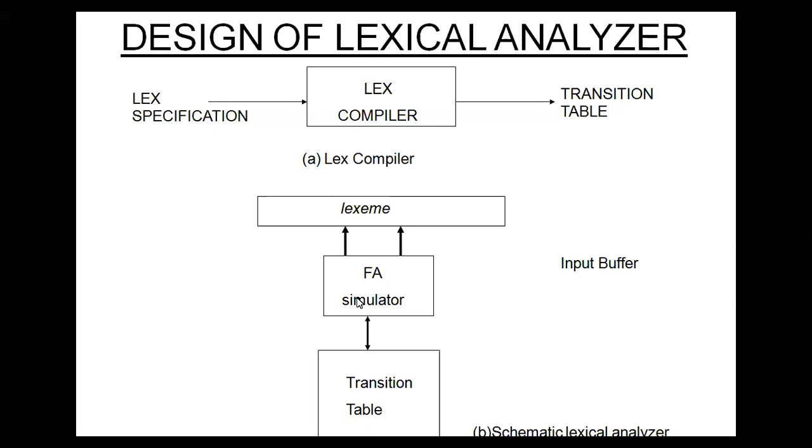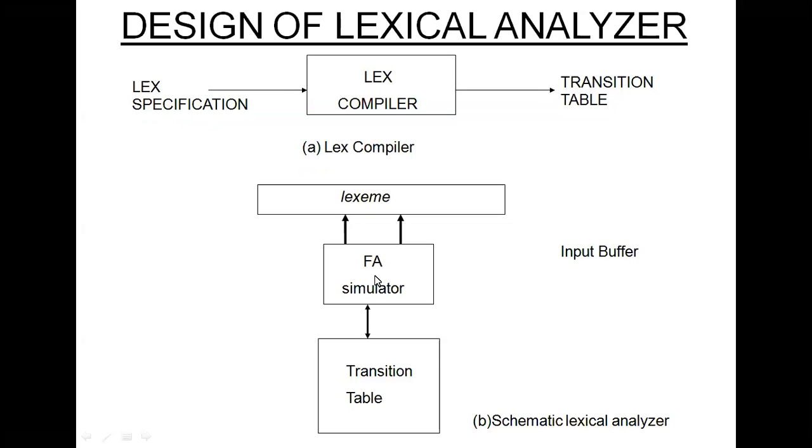Whatever we already learned in formal language and automata theory, we know some types of conversions like NFA to DFA conversion, NFA with epsilon to without epsilon and then converting into a DFA, and then minimization of the finite automata. Like that we have different types of conversions.